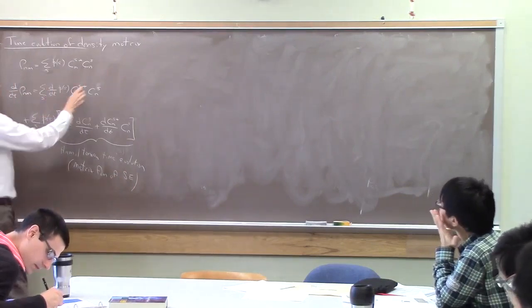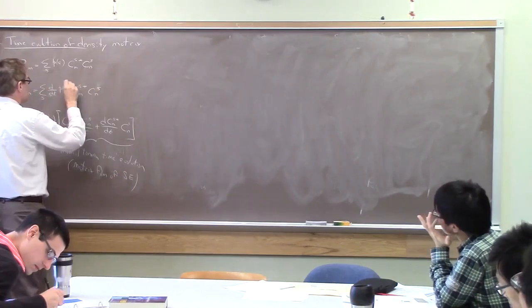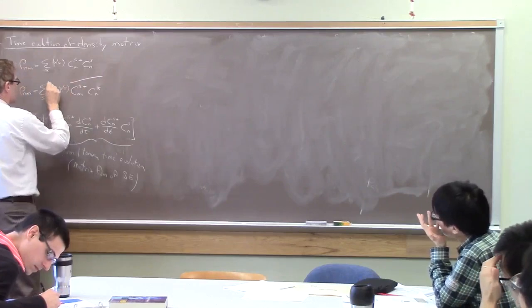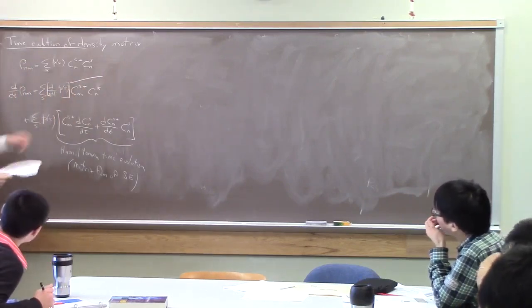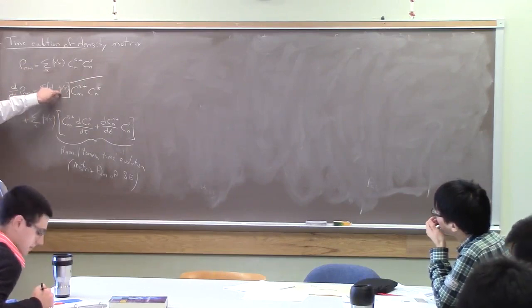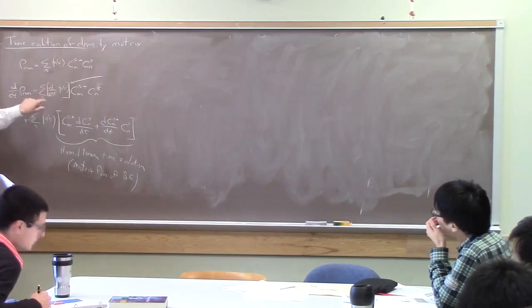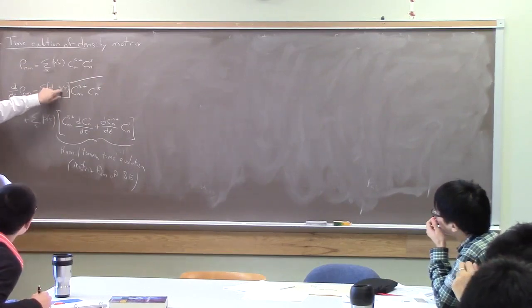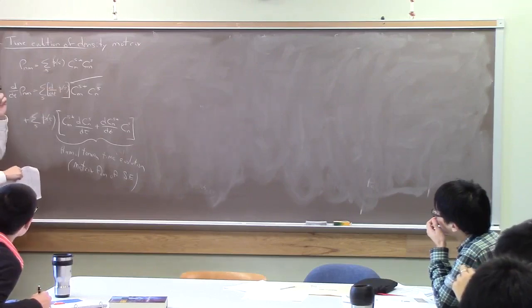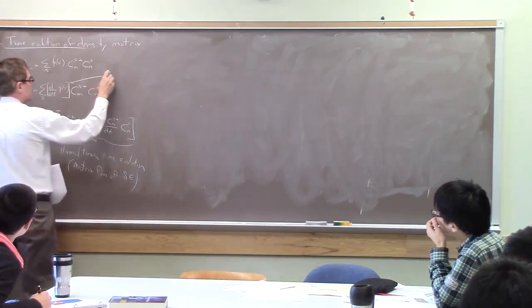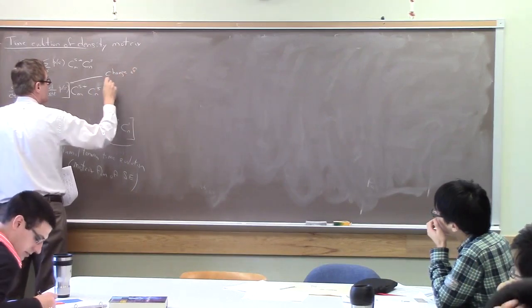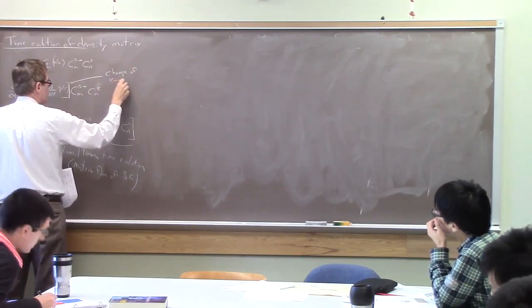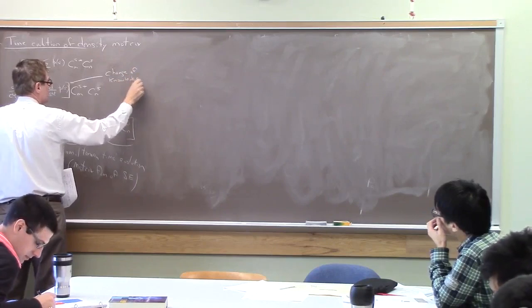And this first term here is the d by dt acts only on this. Let me make it clear that the d by dt acts only on this. The change of knowledge of the quantum state.